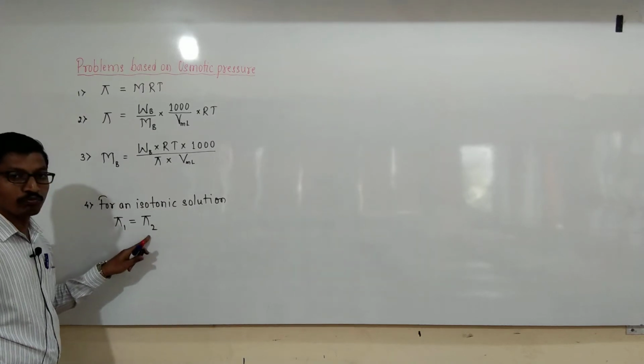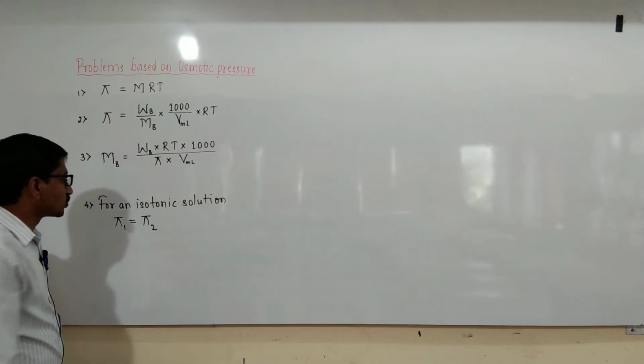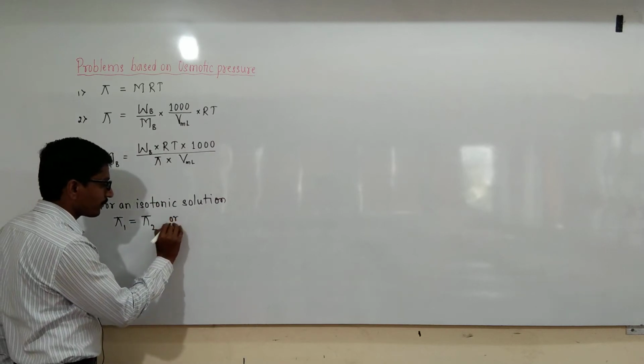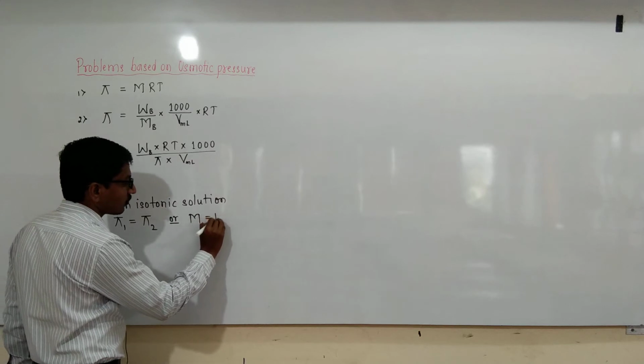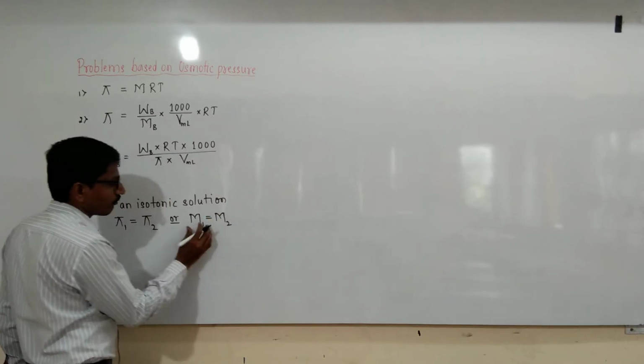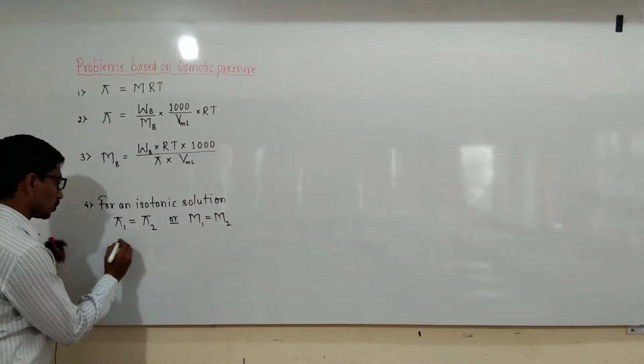Pi 1 is equal to pi 2. Same osmotic pressure of two solutions are called isotonic. Or M1 is equal to M2, molarity of the solution is equal to molarity of the other solution.